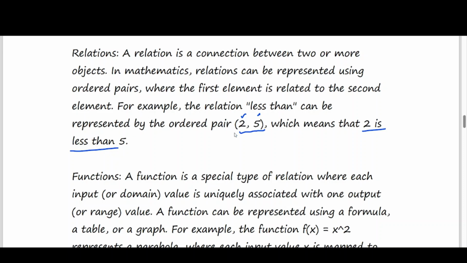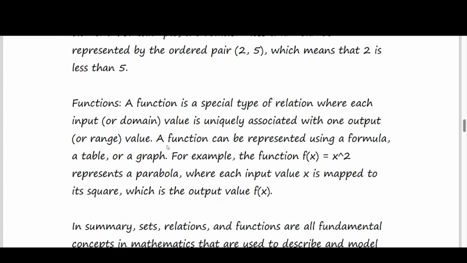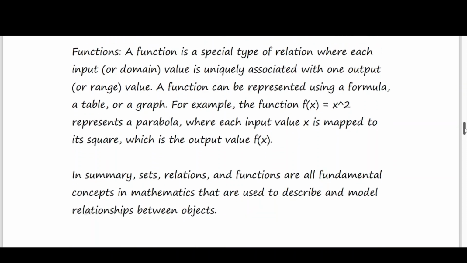First, we discuss a little bit about functions, because sets, relations and functions are all interrelated. A function is a special type of relation where each input, called the domain, is uniquely associated with one output, or range value.